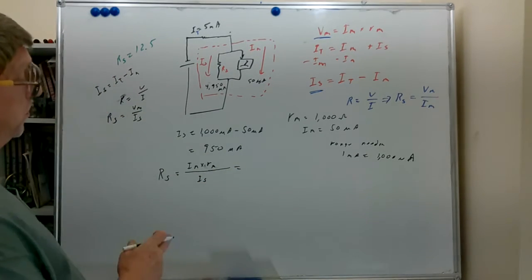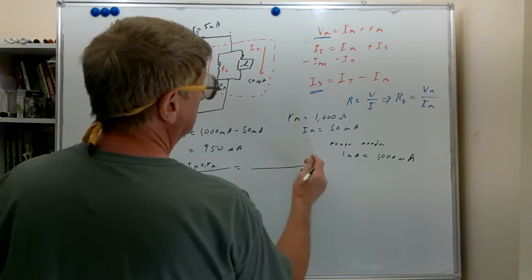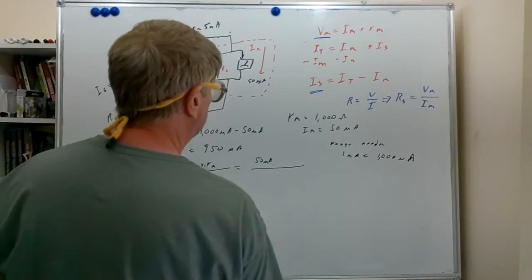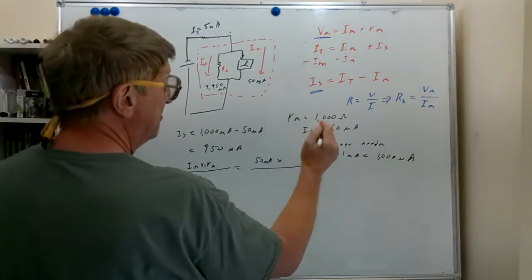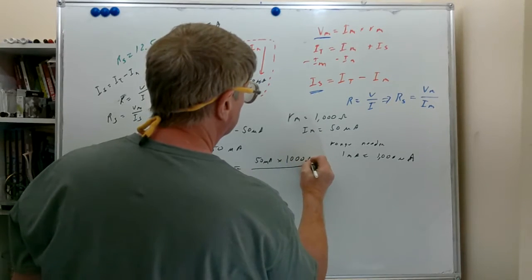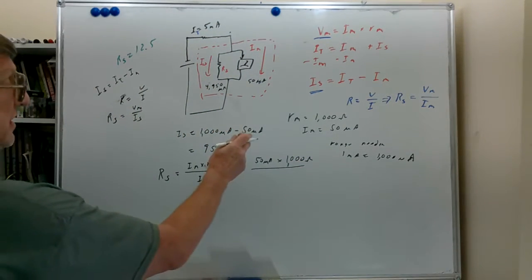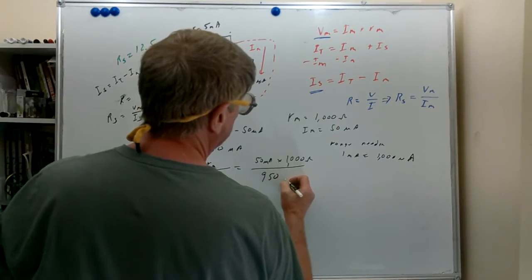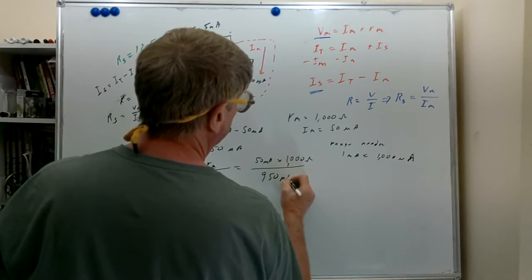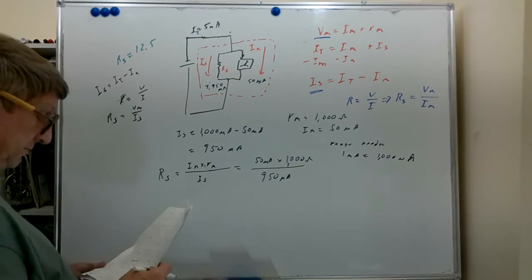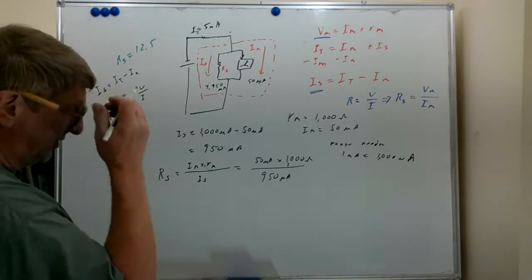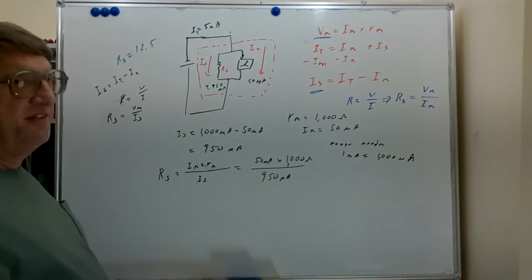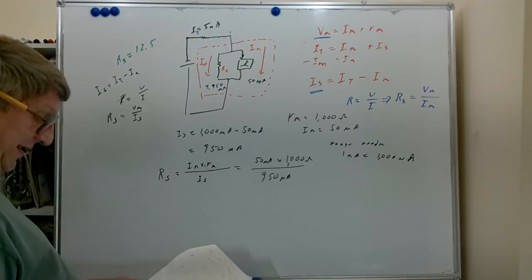Now we have these pieces. We have IM, 50 microamps. We have RM, 1,000 ohms. And we have IS, which we calculated here to be 950 microamps. When we work this all out, 50 over 950 is a little bit greater than a 20th.